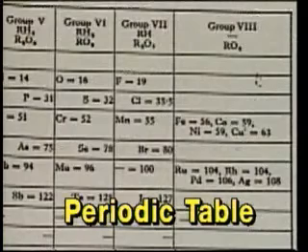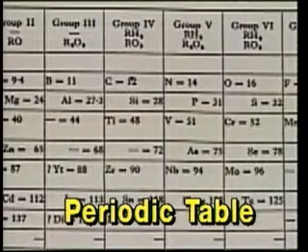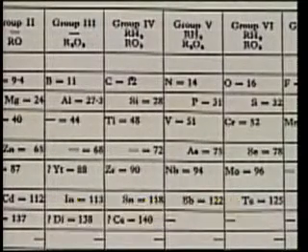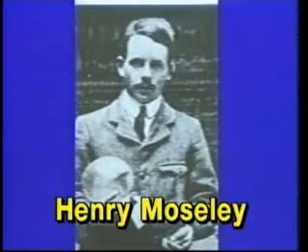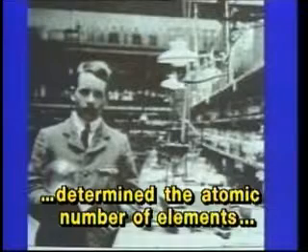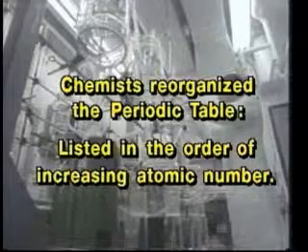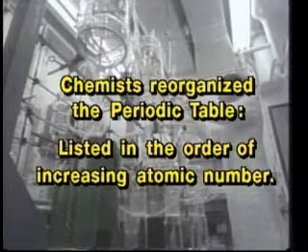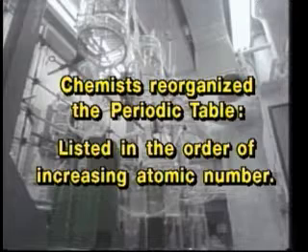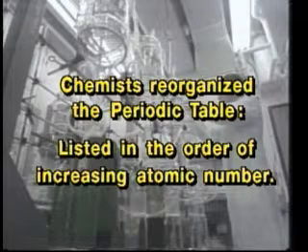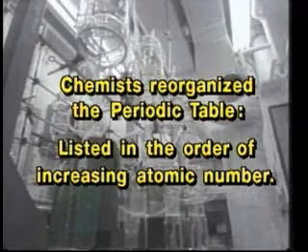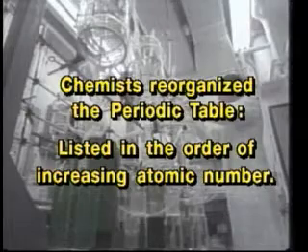But there were gaps and inconsistencies in this 19th century table, and it took some 50 years before the British scientist Henry Moseley clarified the listing. After Moseley determined the atomic number of elements, chemists reorganized the periodic table so that elements, instead of being arranged according to atomic mass, are listed in order of increasing atomic number.